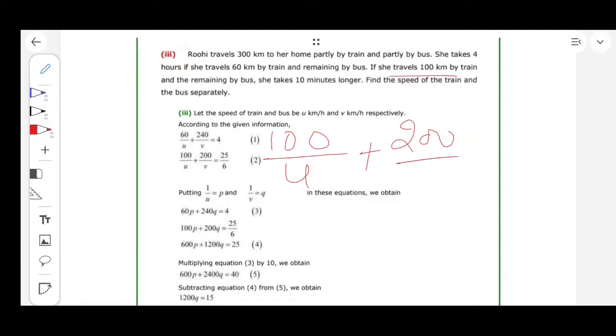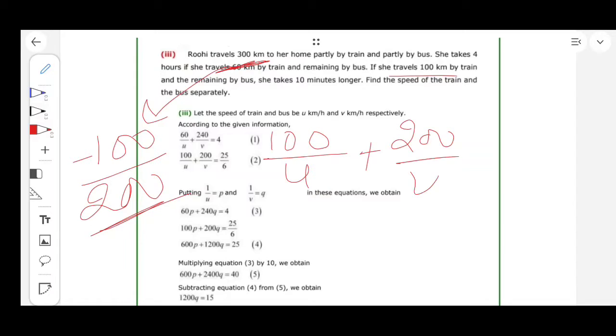How did we get 200? 300 minus 100 gives 200. The remaining distance is 200 and the speed of the bus is v. This time she took 4 hours plus 10 minutes.